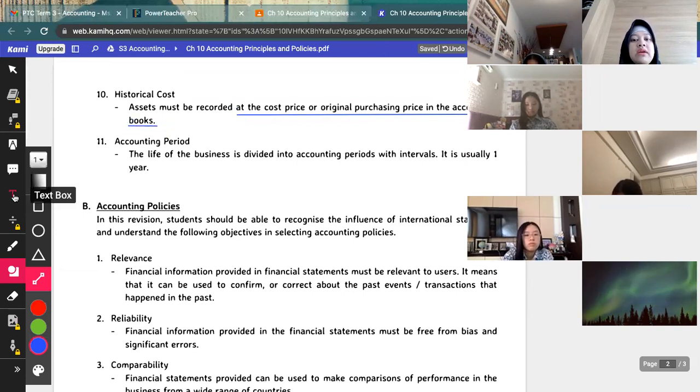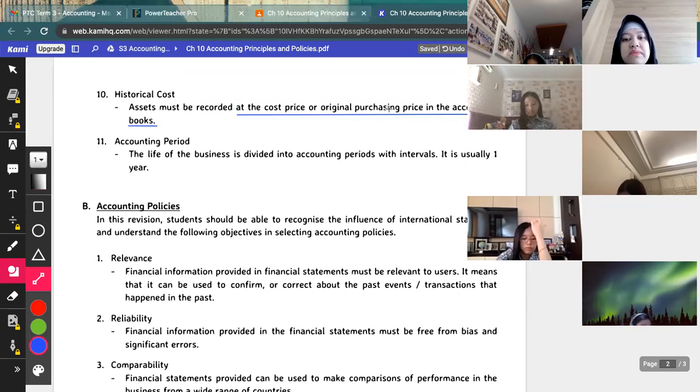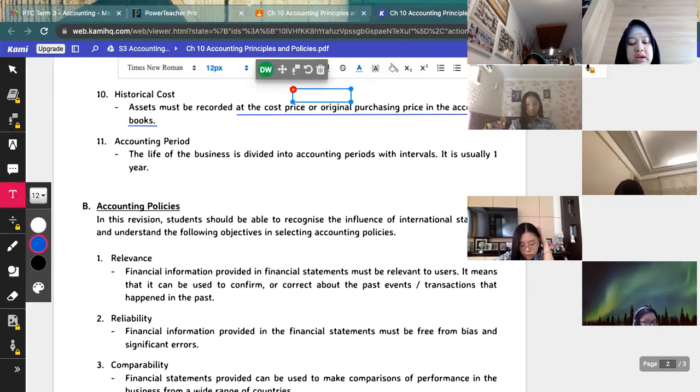What it means by the cost price or original purchasing price in the accounting books, it means it must be recorded when it is purchased for the first time.